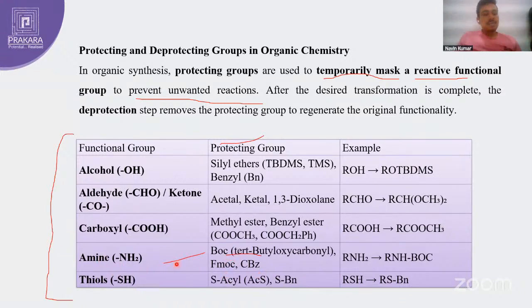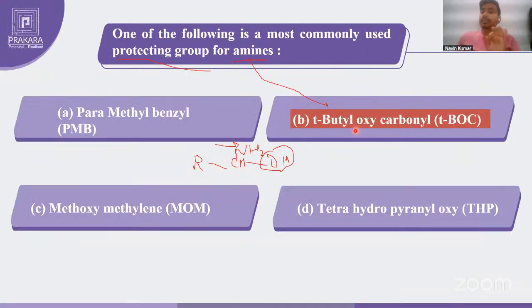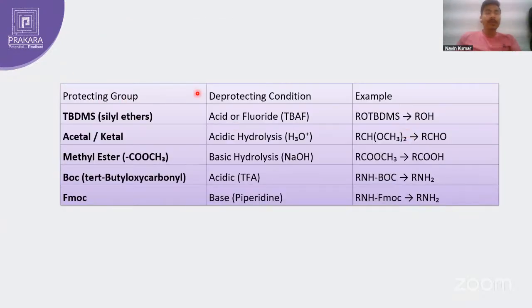And the question was related to amines, and for amines, we use tertiary butyloxycarbonyl, and the common name is T-BOC. Now, here you can see a few very famous examples of deprotecting conditions. Then what is the meaning of deprotecting?